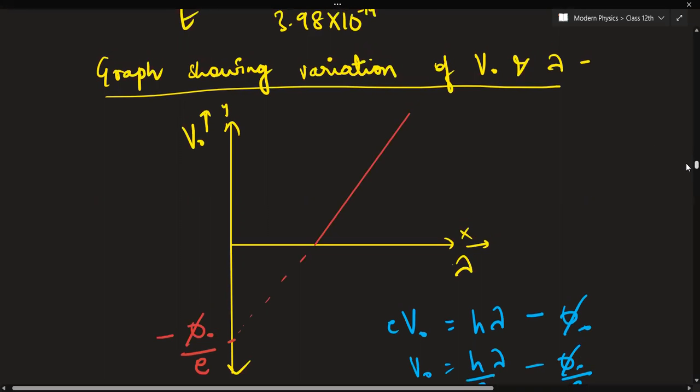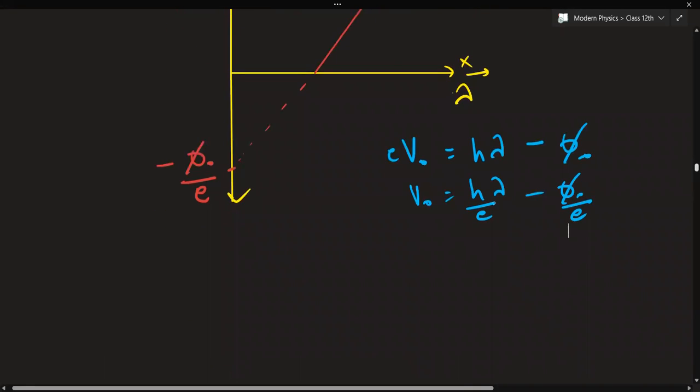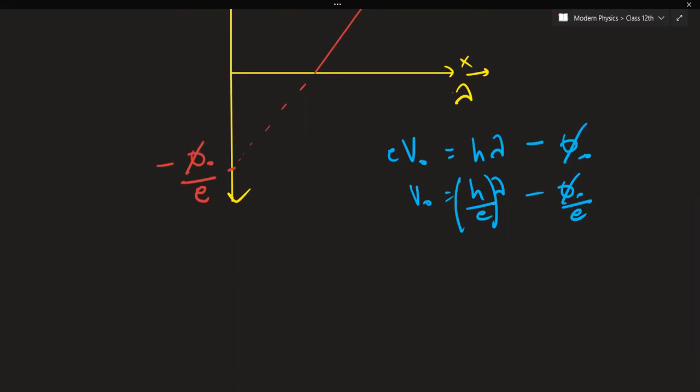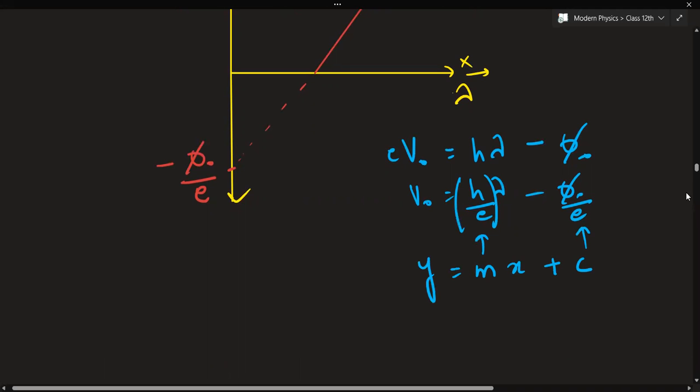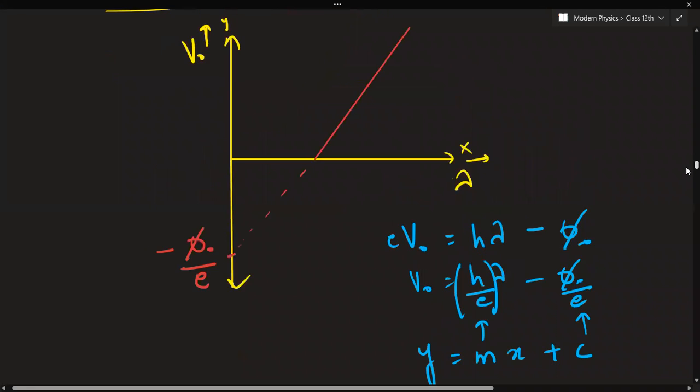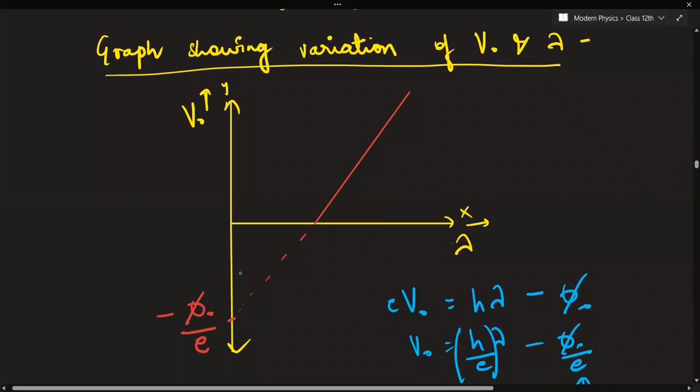Now compare it with the linear equation y equals mx plus c. Do you notice the slope is this? Y-intercept is this. That's why in the graph, I have written minus phi naught by e as the y-intercept. Understood? Because of the calculation.